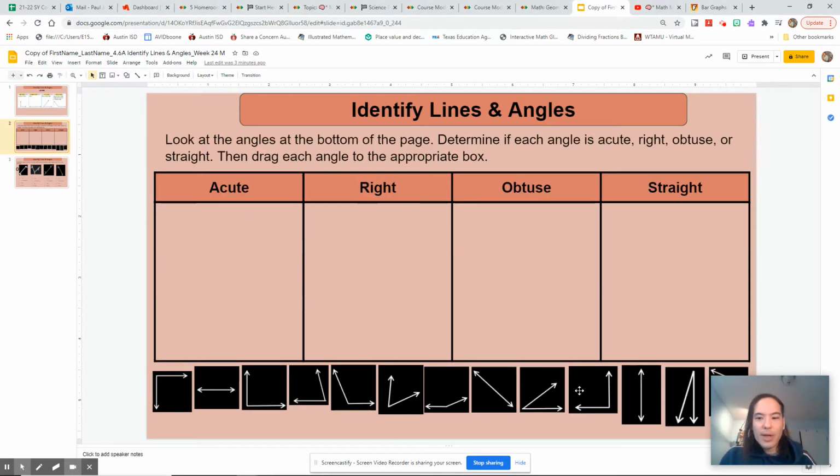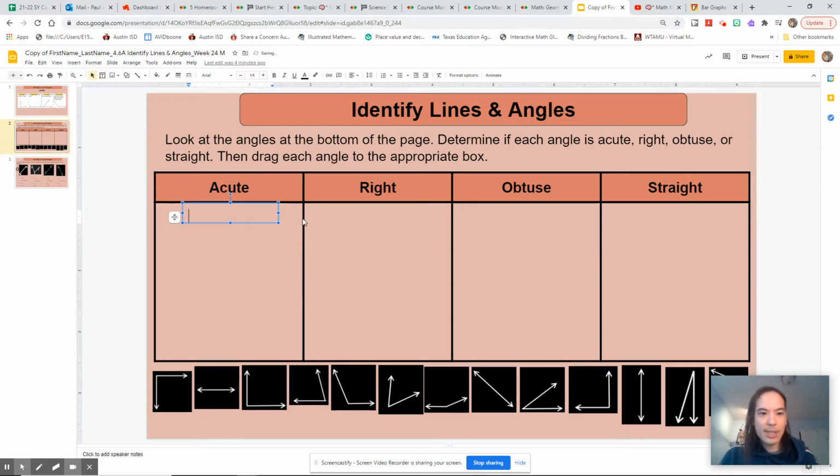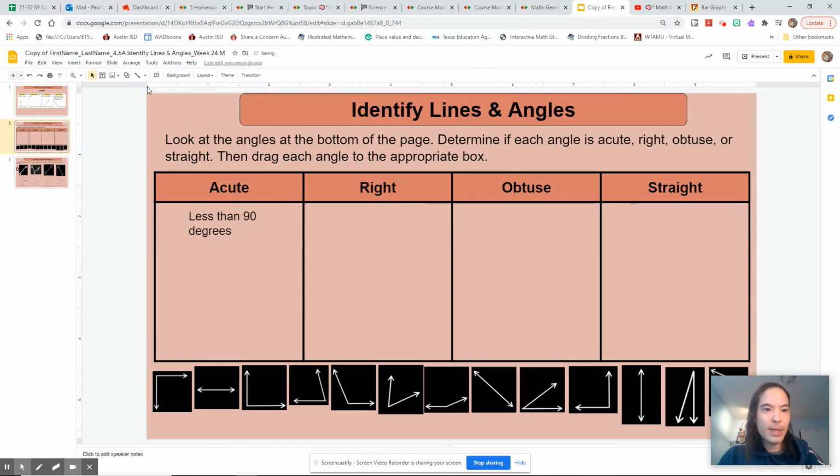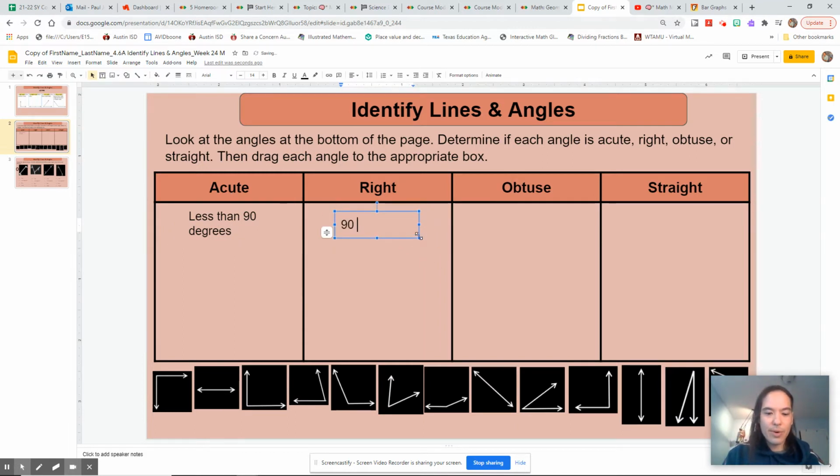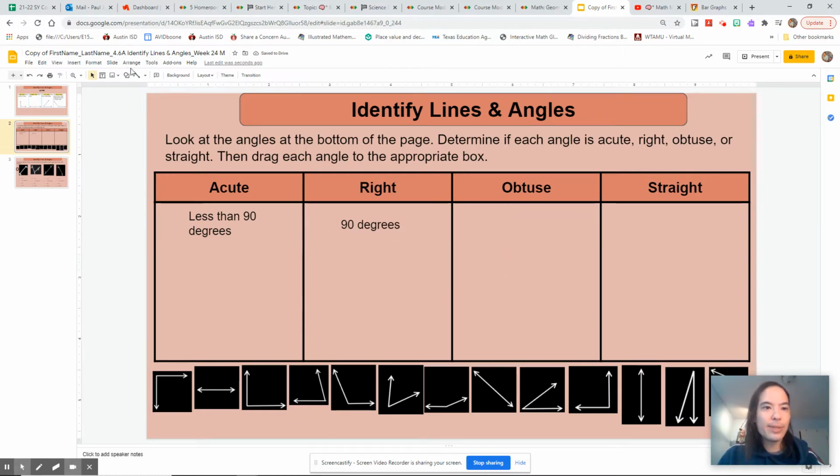We are given a bunch of pictures of angles, and we are going to put them in the right place. So I'm going to go ahead and label these. Acute, I'm going to say less than 90 degrees. Right, I'm just going to say, and you don't have to do this, but this is a good way to give your brain those reminders, a right angle is 90 degrees.